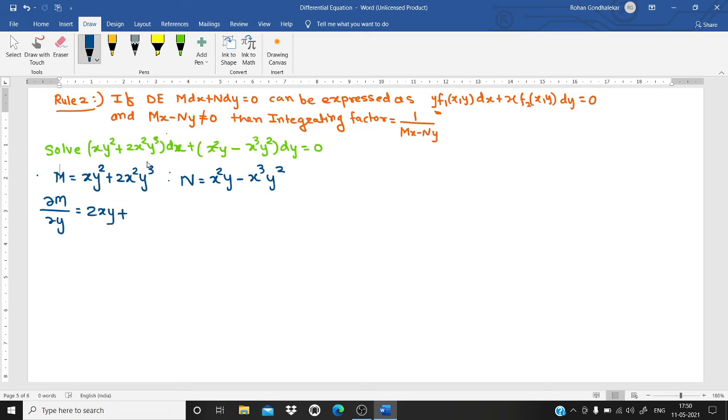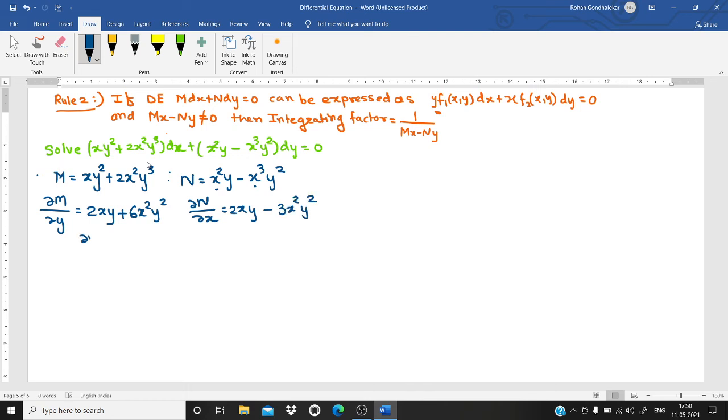In the second term y cube, the derivative is 3y square, so hence 3 into 2, hence we get 6x square y square. Partial derivative of n with respect to x: in the first term, x square term whose derivative is 2x, so 2xy, minus in the second term, the term is x cube, the derivative is 3x square into y square.